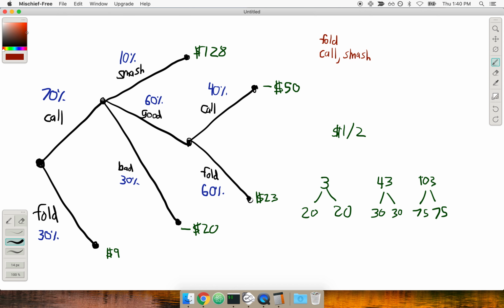Another outcome is we call and get a good flop and then get called. So let's write down call, good, call. Another, we get call, good, fold. And then finally, call and then hit a bad flop.